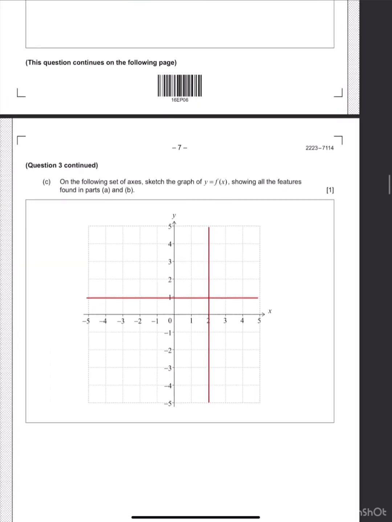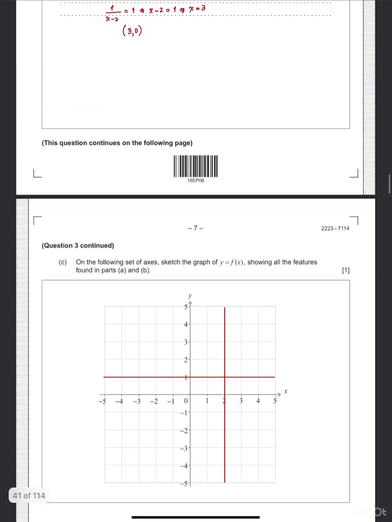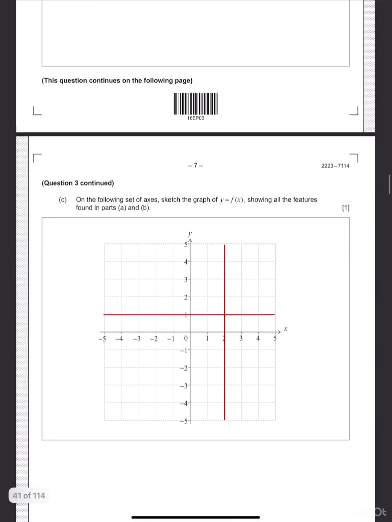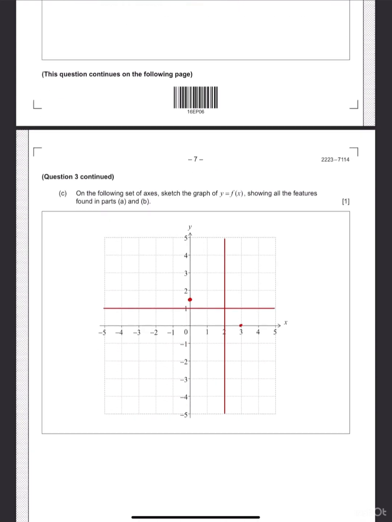I'm sorry if it's not to scale. The y-intercept is (0, 3/2), that means here, and the x-intercept is (3, 0). We can just approximate the graph will be like this.